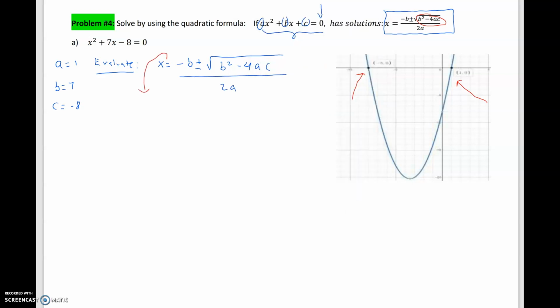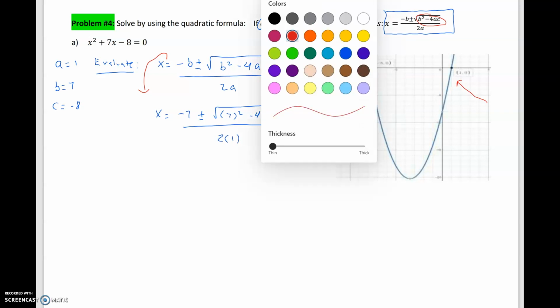So x is equal to -7 plus or minus the square root of 7 squared minus 4 times a, which is 1, times c, which is -8, all over 2 times a, in this case 2 times 1.